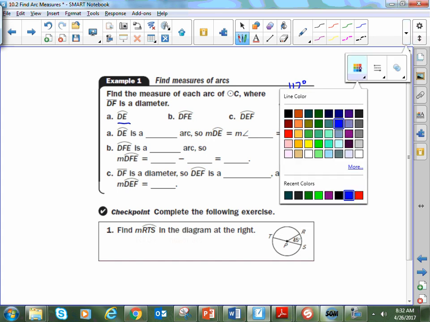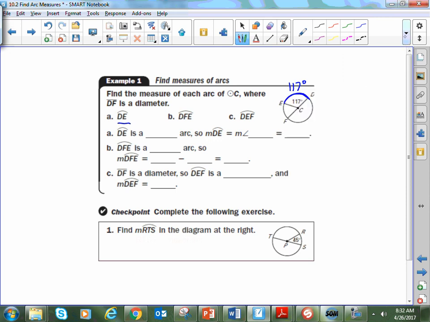Now, looking on here, I don't want to hit my numbers here because I don't remember if I grouped them all together. Here we want DFE. Well, DFE says I start at D and I have to go through point F and then finally stop here at E. That is the way that we name an arc.